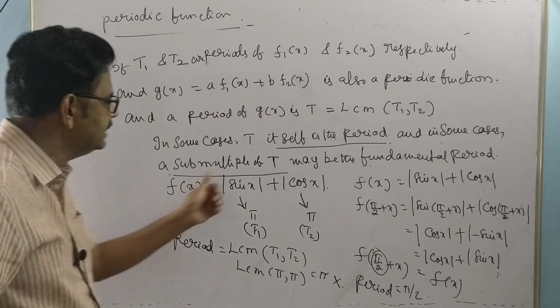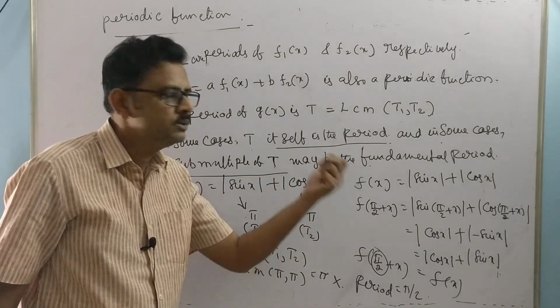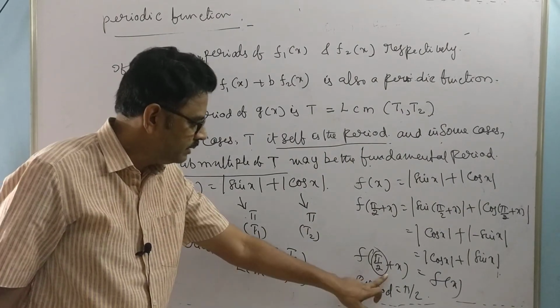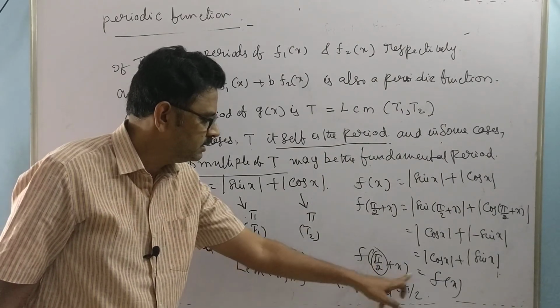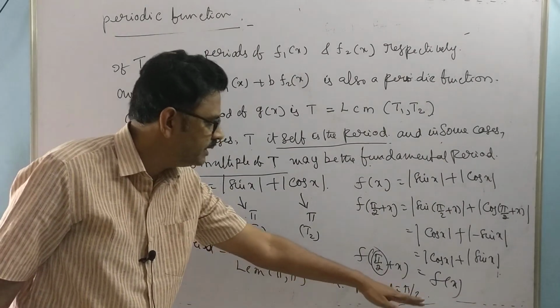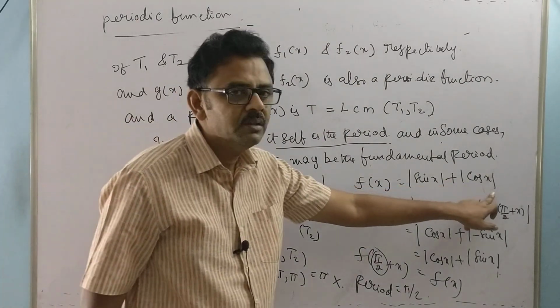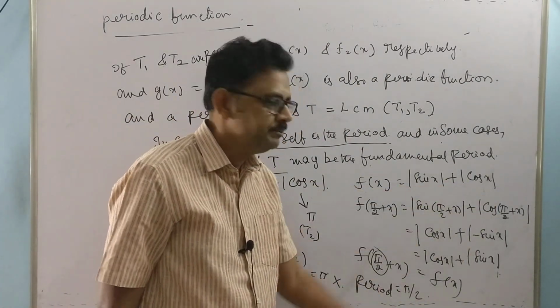Of course pi is also a period, but the fundamental period is the least positive real number, so pi by 2. Therefore the period of mod sin x plus mod cos x is pi by 2, but not pi.